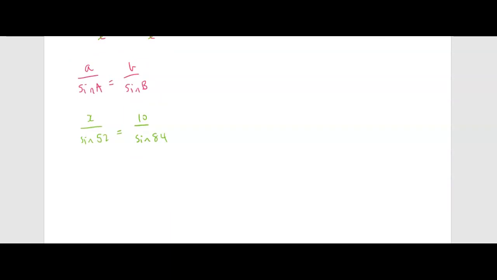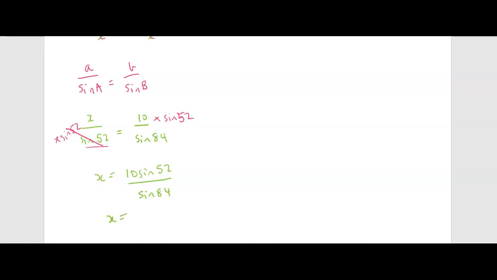Now, to get X by itself, I just need to get rid of sine 52 on the denominator. So to get rid of any denominator, I just multiply. So times sine 52 times sine 52. Okay, so we've got X equals, on the numerator, 10 sine 52 over sine 84.